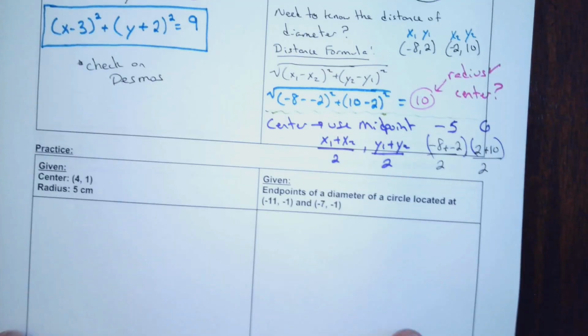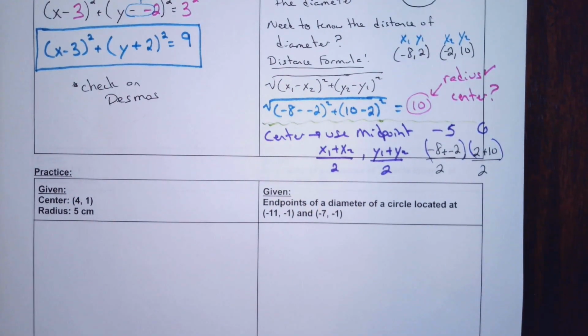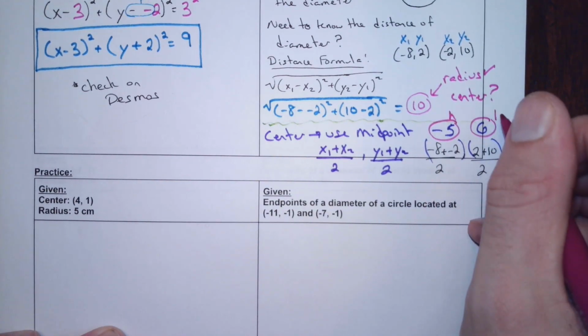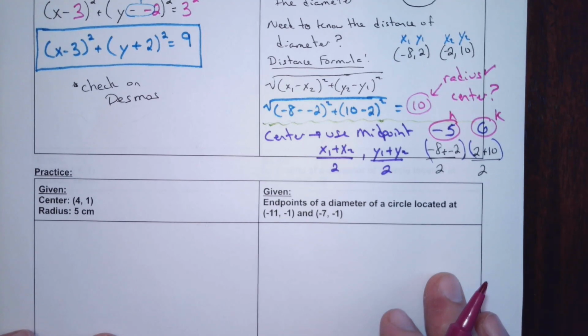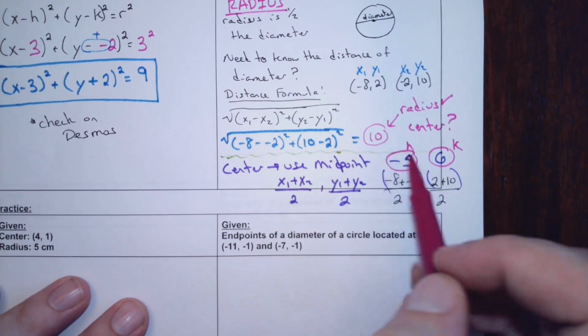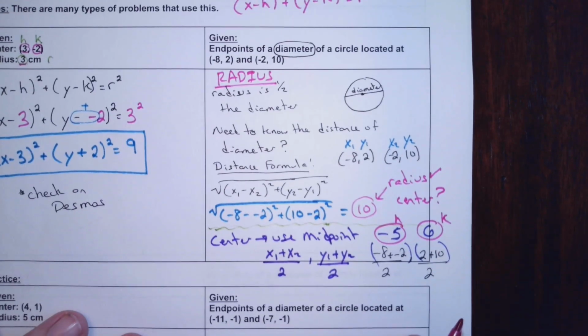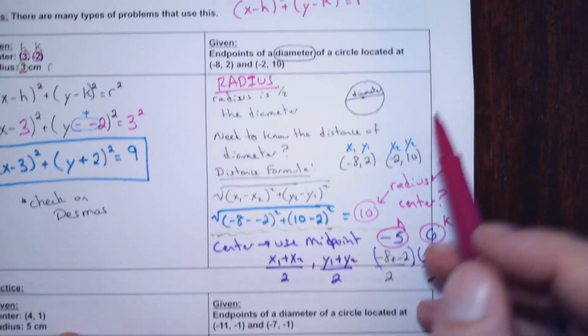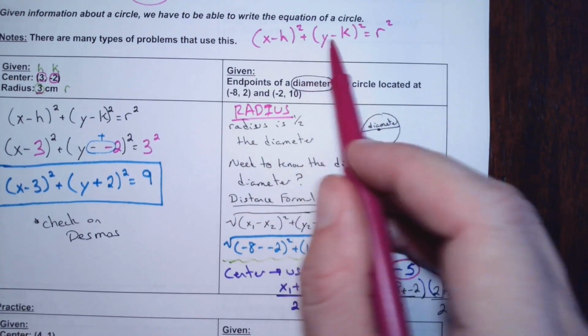Now, we're almost done. This is our H, and this is our K. So we have everything we need. We got our 10, our H, and our K. So now I'm just going to write it right here. So this is our formula.